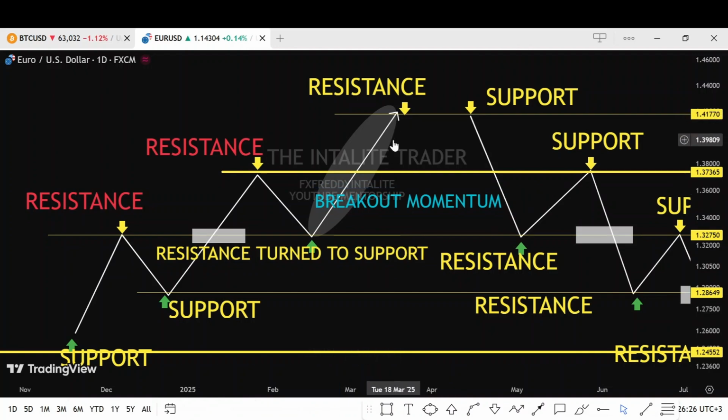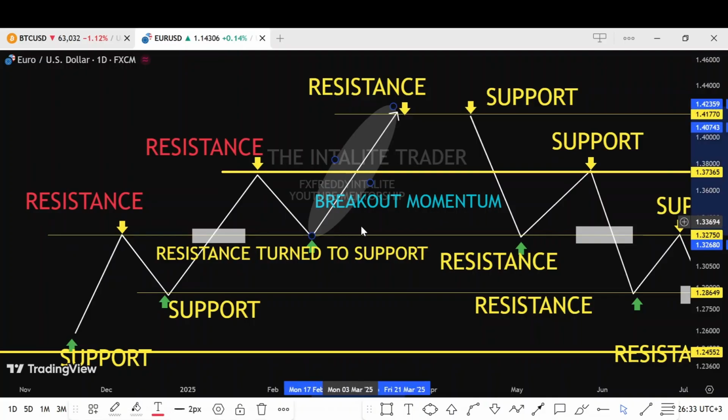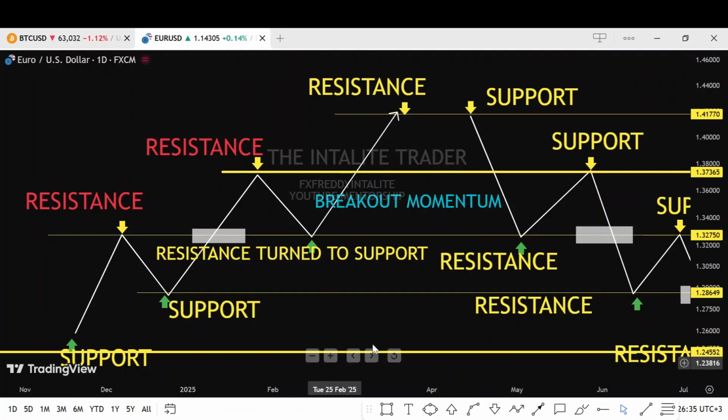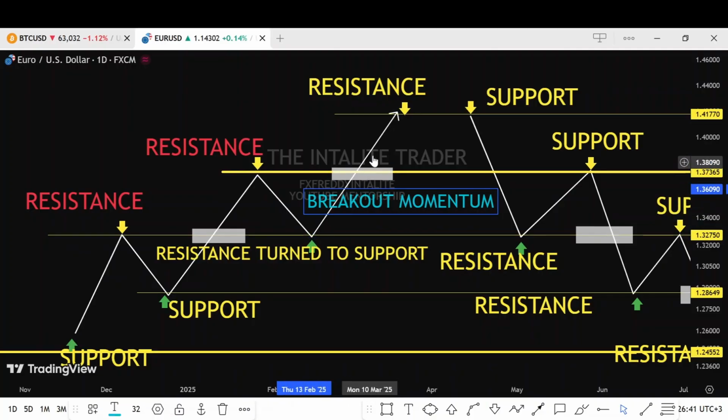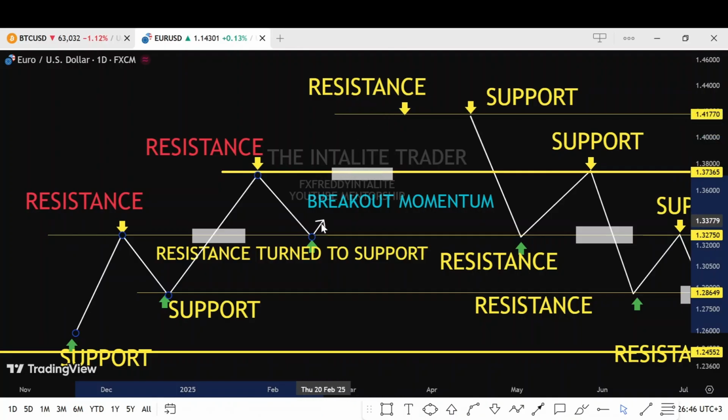If price breaks the previous level, in this case price breaks the previous resistance, it shows heavy bullish momentum because you need strong momentum to break this level.